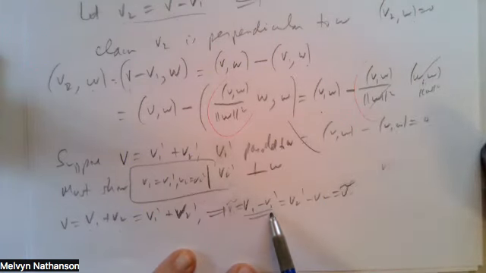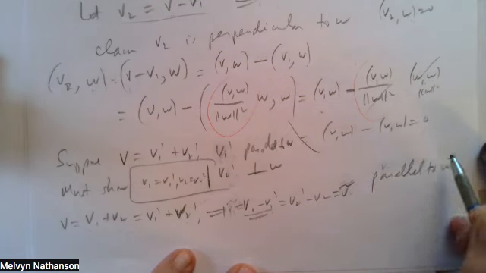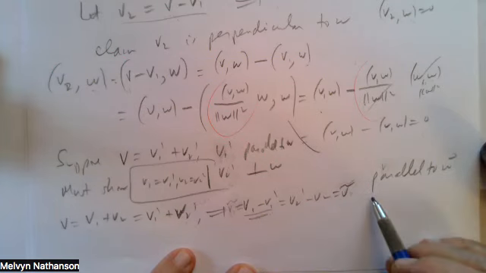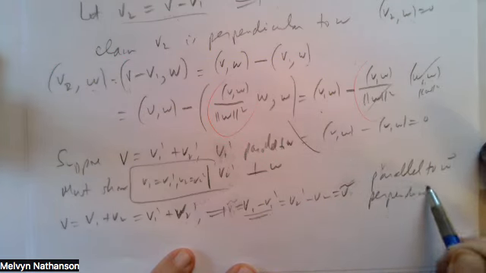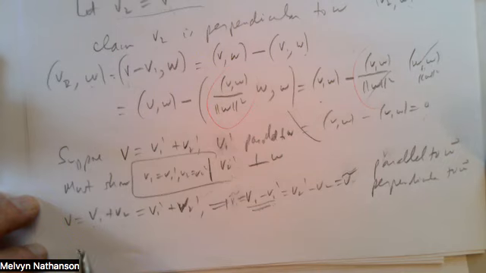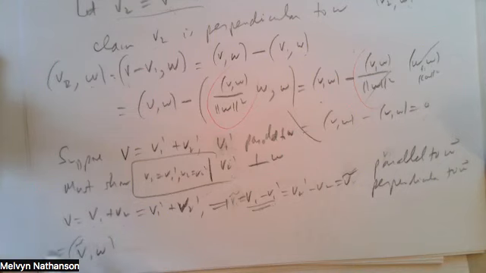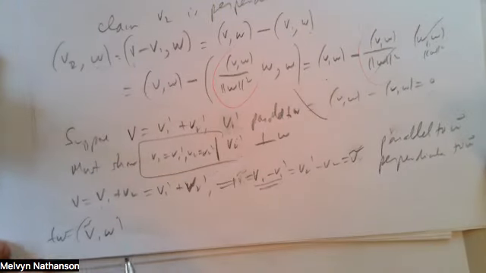These two vectors are parallel to W, so the difference, V tilde, is parallel to W, and at the same time, it's also perpendicular to W. On the one hand, V tilde is parallel to W, so it's some scalar multiple of W. On the other hand, it's perpendicular to W.